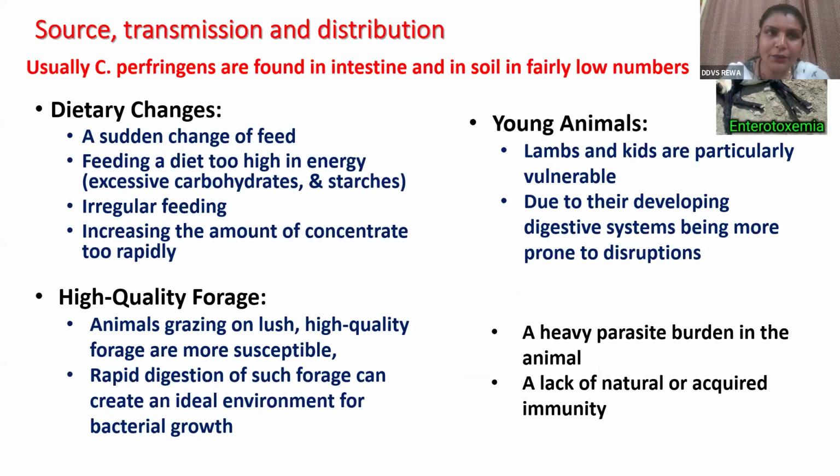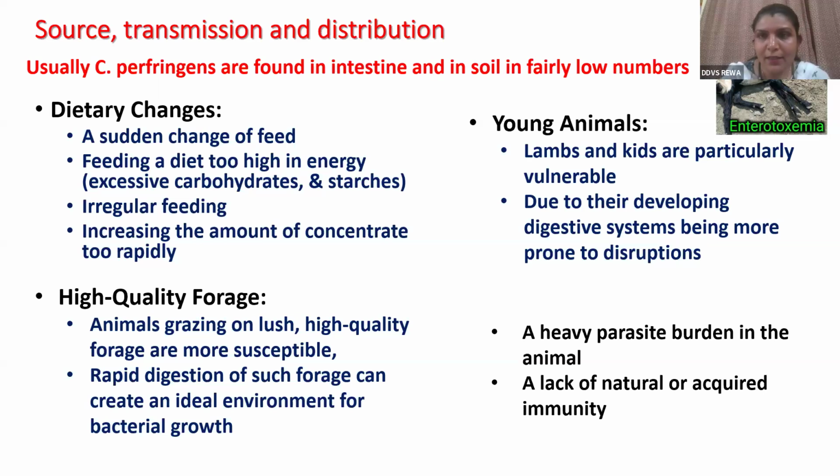And for enterotoxemia, the source may be sudden changes in diet. In normal circumstances, the bacteria that cause enterotoxemia are found in the intestine in low numbers, and are also present in soil.